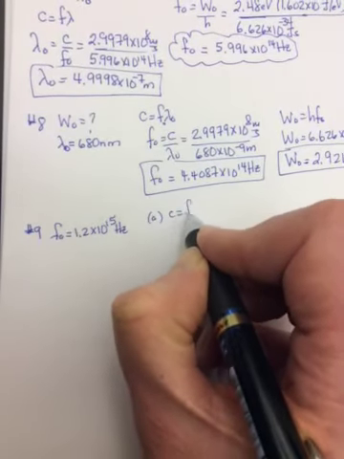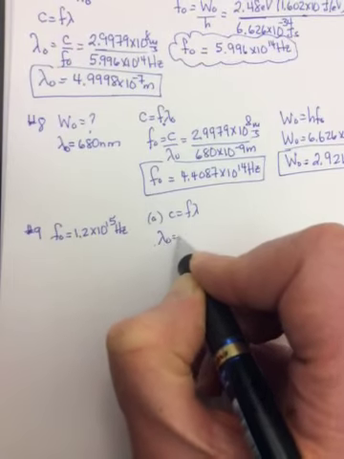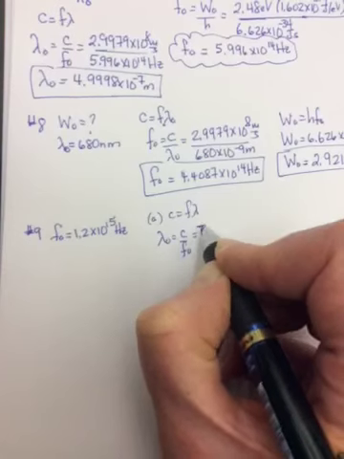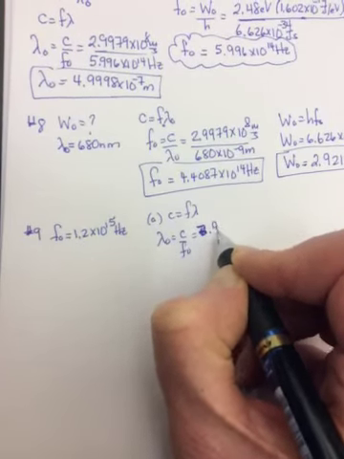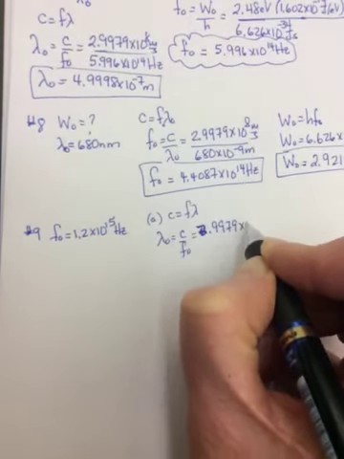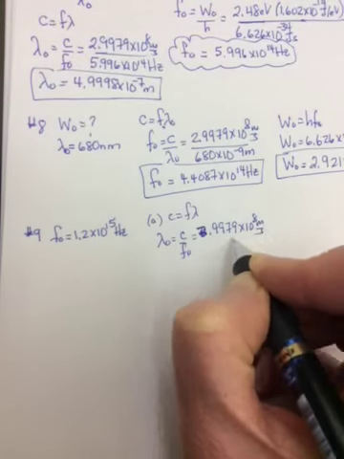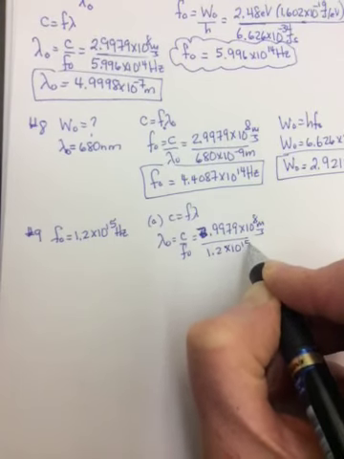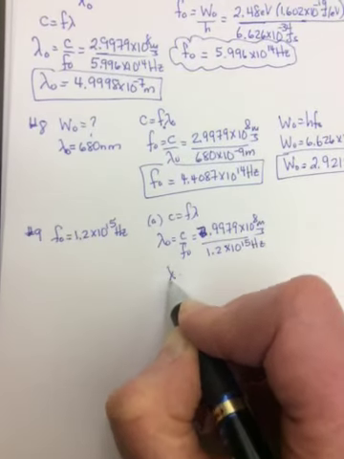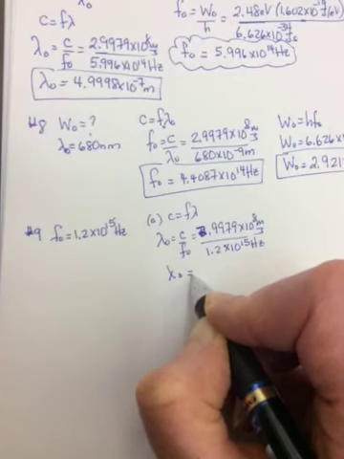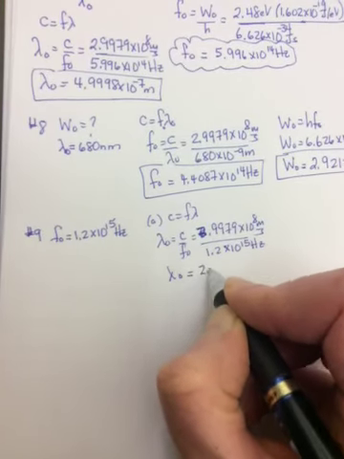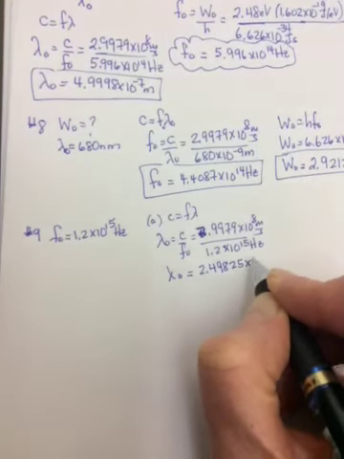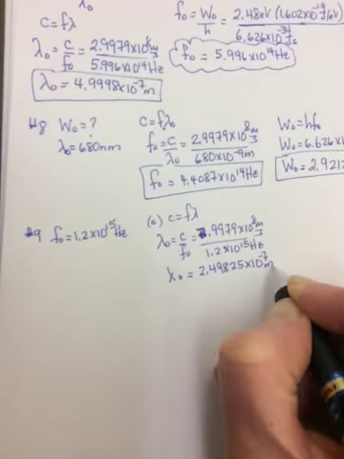So C equals F lambda, so lambda O equals C over FO. 2.9979 times 10 to the 8th meters per second over 1.2 times 10 to the 15th hertz, and you will get a lambda O of 2.49825 times 10 to the negative 7 meters.